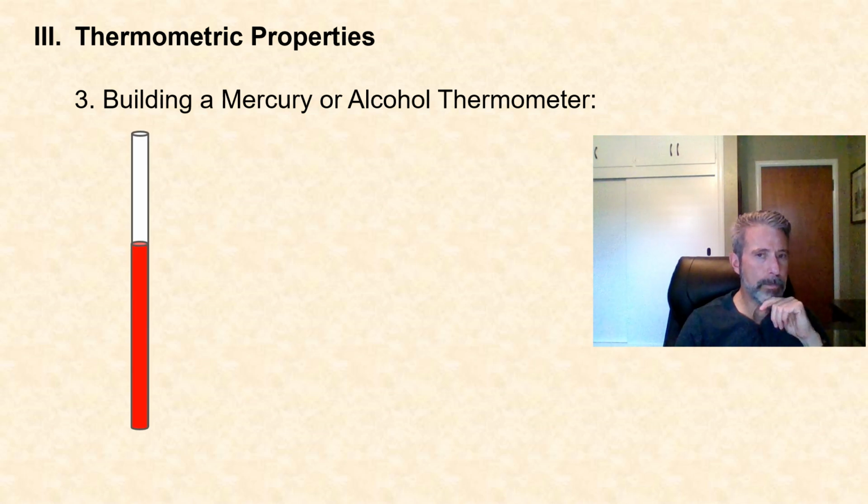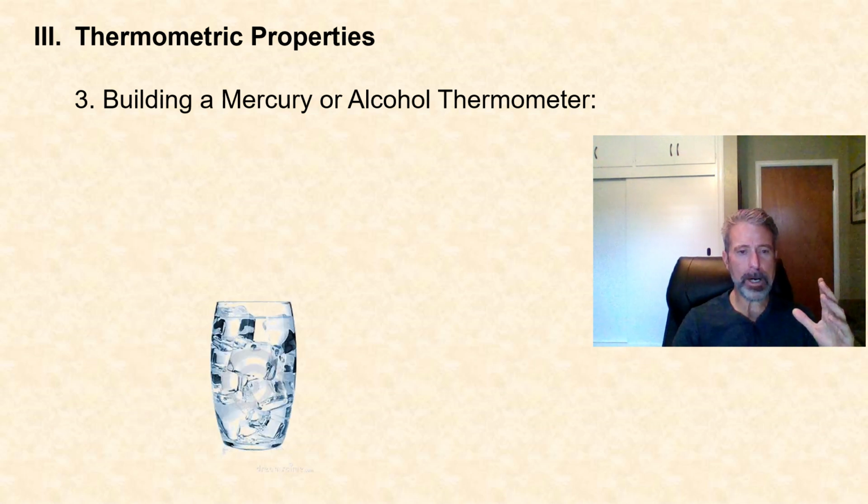So let's think about if you want to build an alcohol thermometer, or you could use some other liquid, and you get a tube closed off at one end. Put some food coloring or whatever in your liquid so you can see it. And then to calibrate your thermometer, start by sticking it in some ice water, which you know is going to be your low end of the temperature scale.